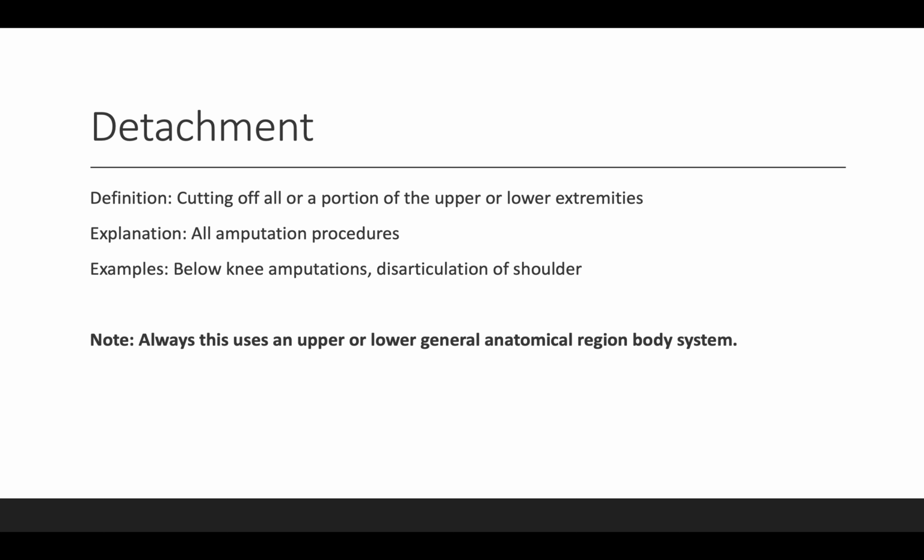Now keep in mind that sometimes this may look like a resection, which we're going to get to, which is taking out all of a body part. But this specifically is cutting off a portion of the upper or lower extremities. Many times physician documentation will say amputation, but we have to convert it to definitions inside the PCS. If the physician writes amputation, it always means a detachment root operation.